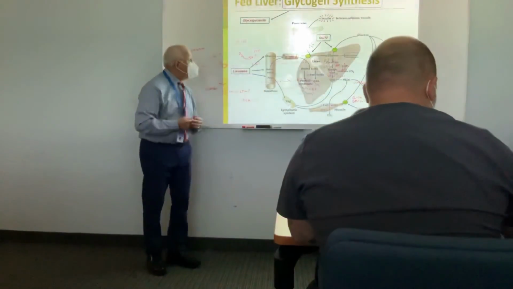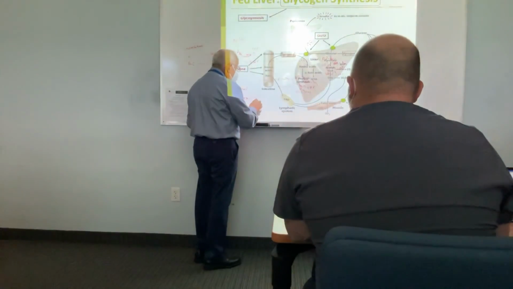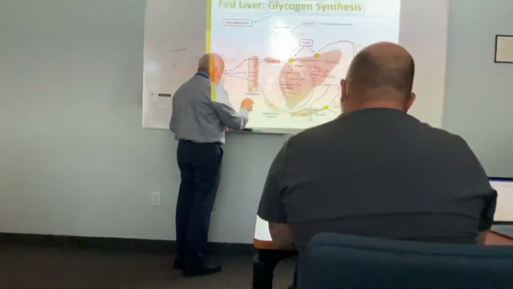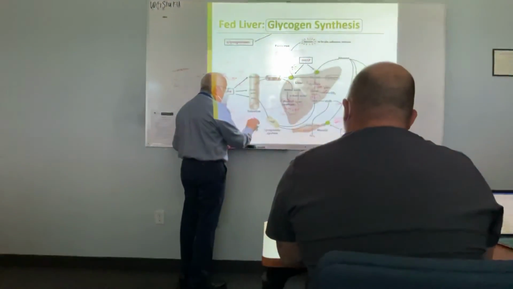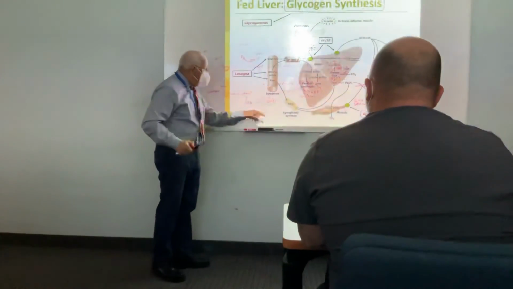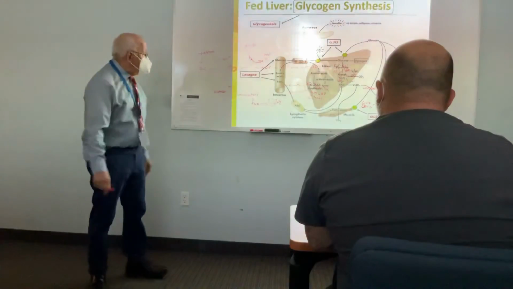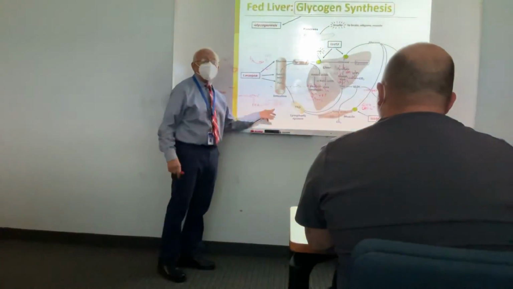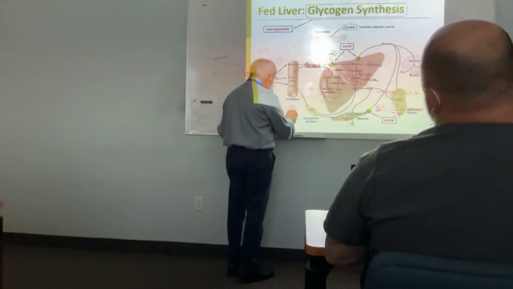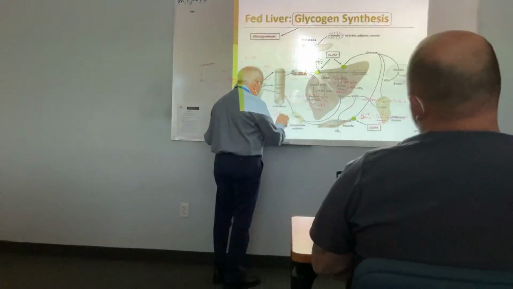Right away it's gonna phosphorylate the synthase, so the synthase is converted into synthase with a phosphate, and that kills it. This guarantees that there is no possibility of glycogen synthesis, because this is the enzyme responsible for synthesis. So synthesis is inhibited.